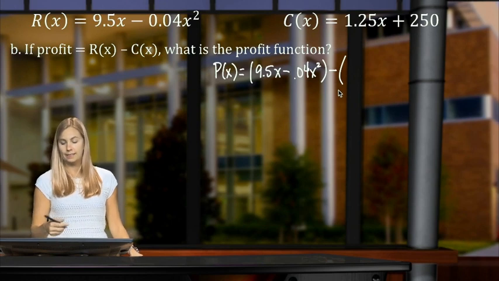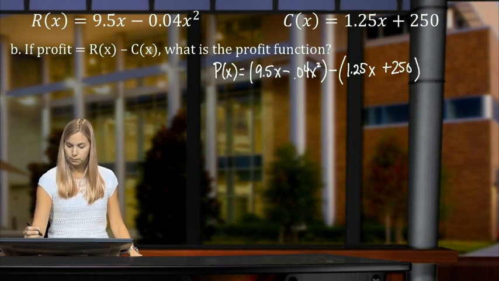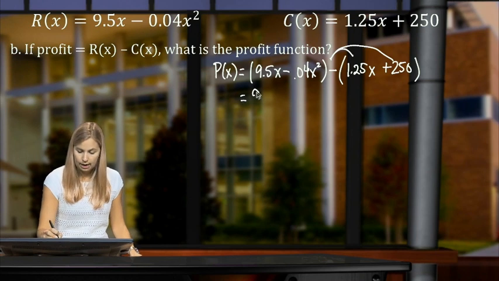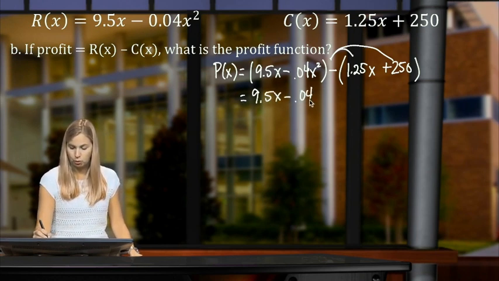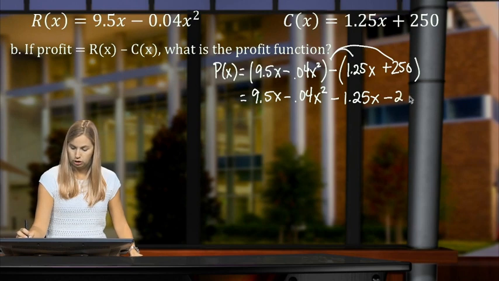Make sure you use parentheses here: 1.25x plus 250. We'll distribute the minus sign, so we get 9.5x minus 0.04x squared minus 1.25x minus 250.